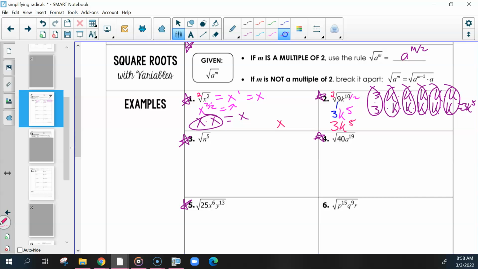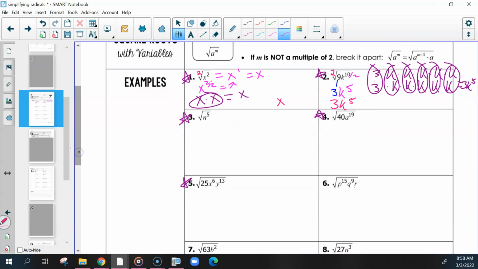All of these had nothing left over, so let's do one with something left over so you can see how that works with each rule. For number 3, this is not divisible by 2, but 4 is divisible by 2. So we're going to break this into n to the 4th and n.